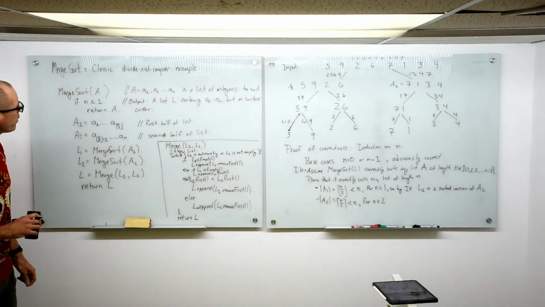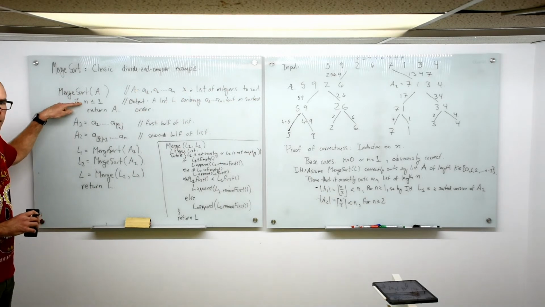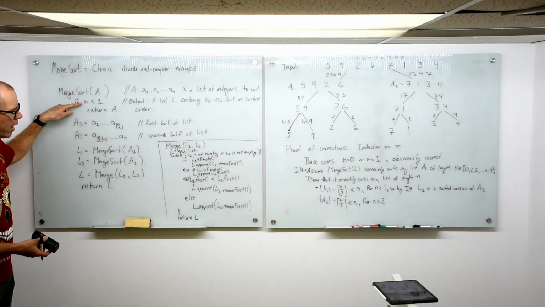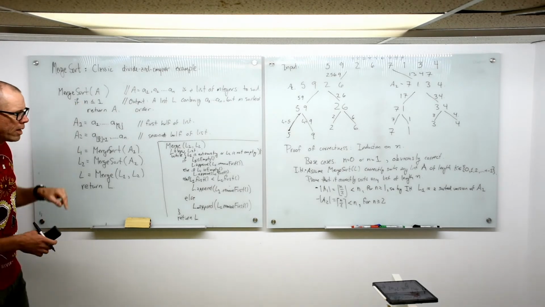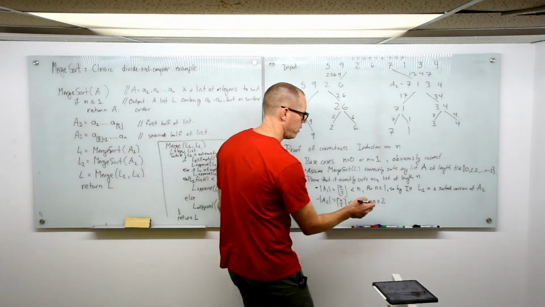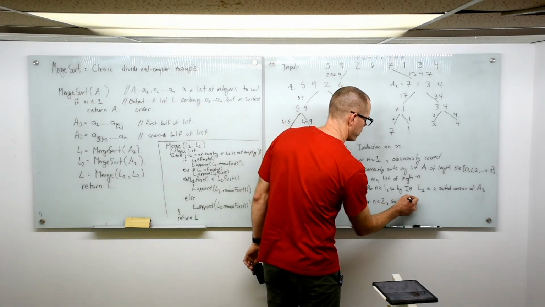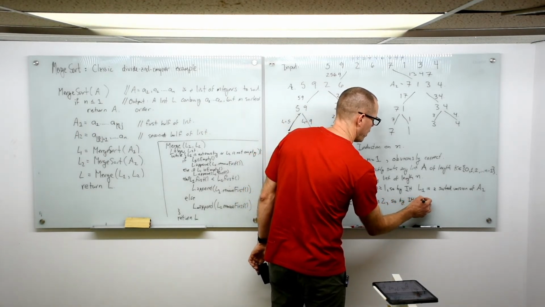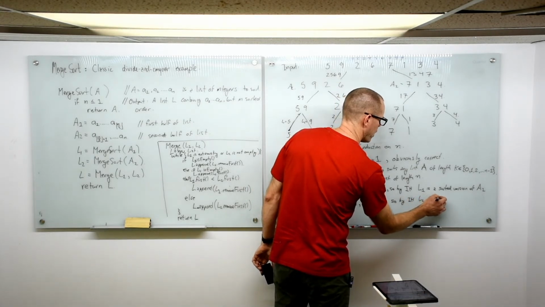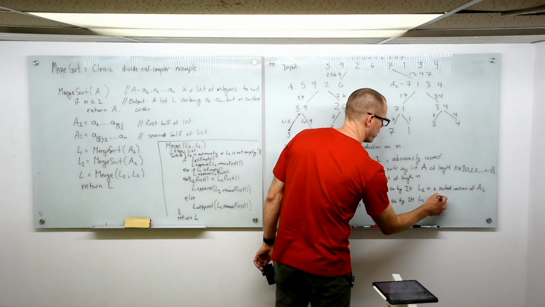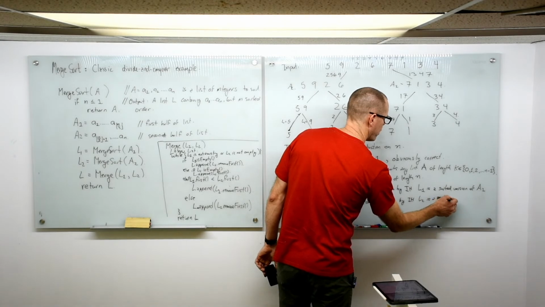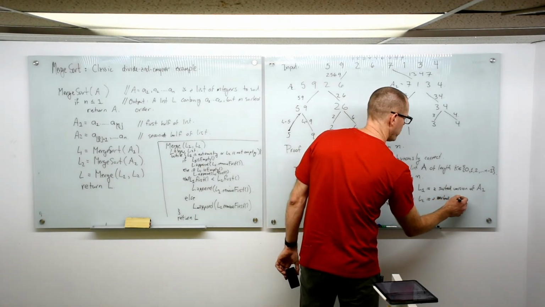How do we know n is bigger than or equal to 2? Well, if n is less than or equal to 1, then we would have been in the base case. So that's okay. And so by the inductive hypothesis, L2 is a sorted version of A2.